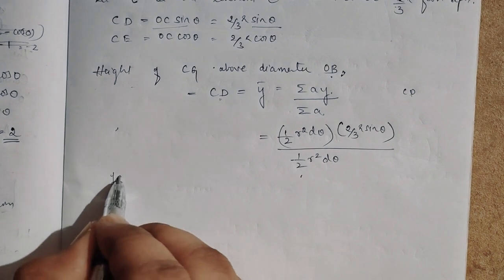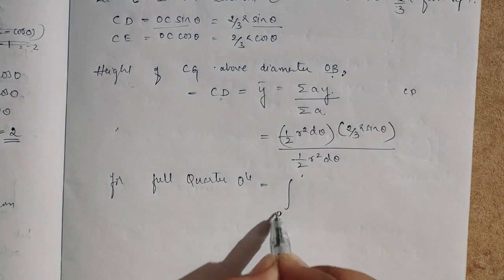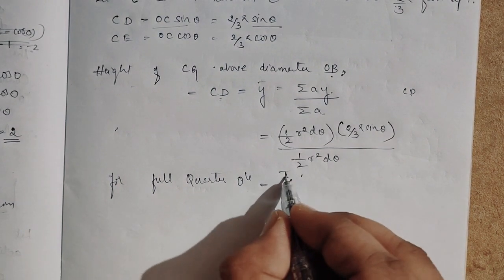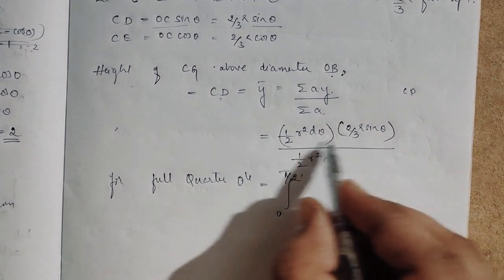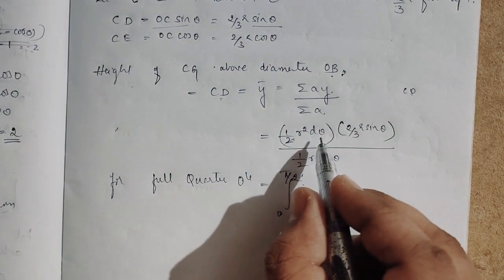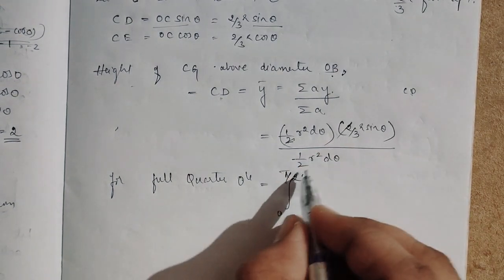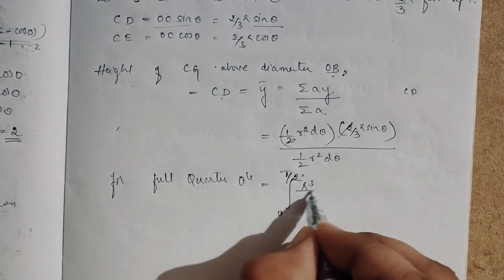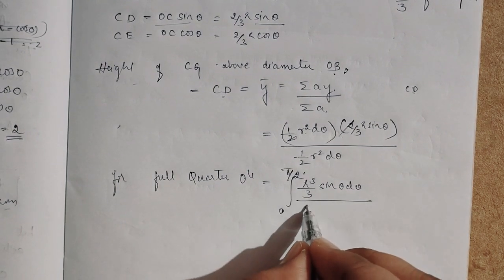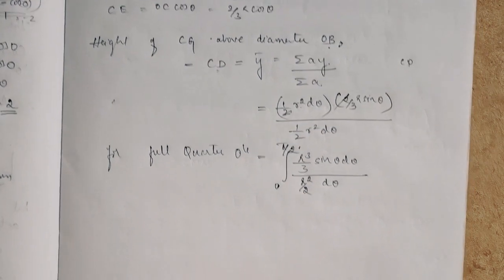So for the full quarter circle we have to integrate from 0 to pi by 2, that is up to 90 degrees. The r cube by 3 into sin theta into d theta, divided by half r square into d theta.